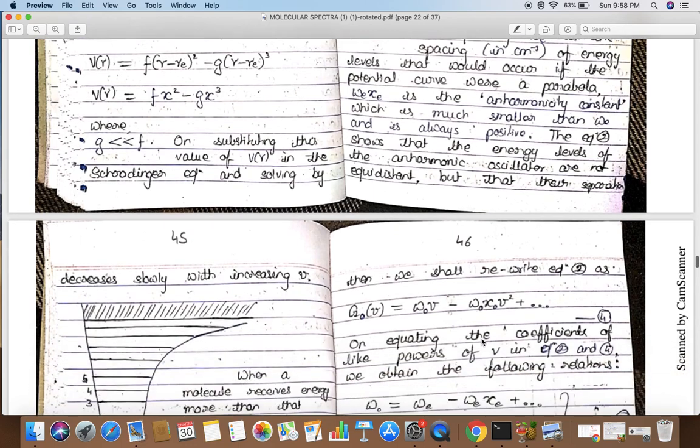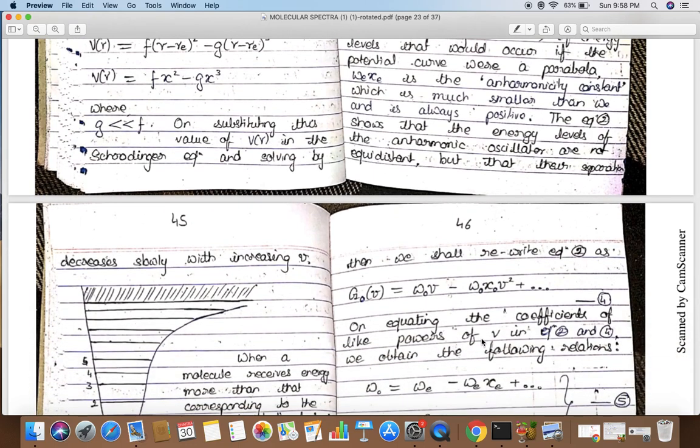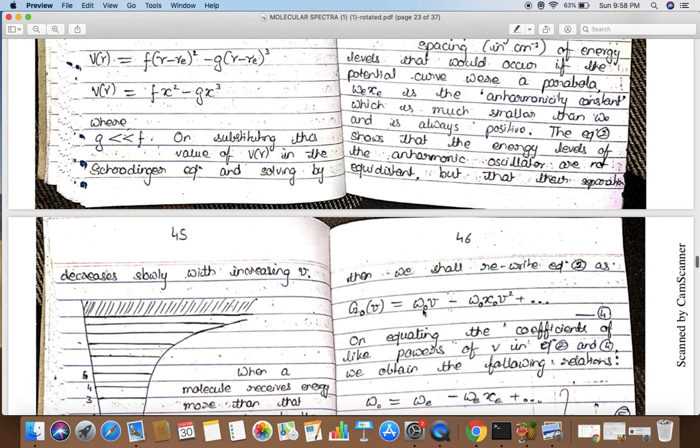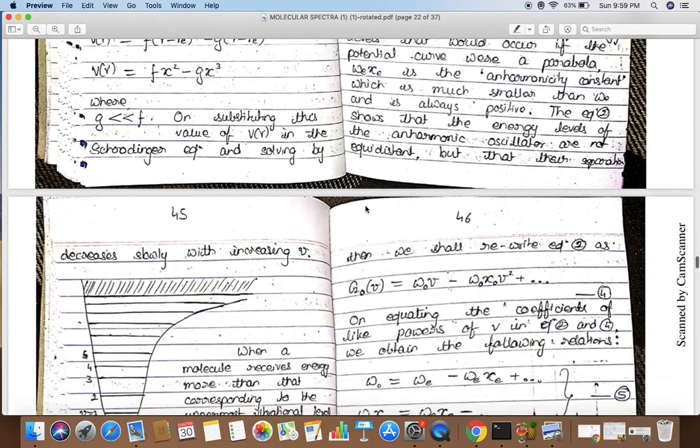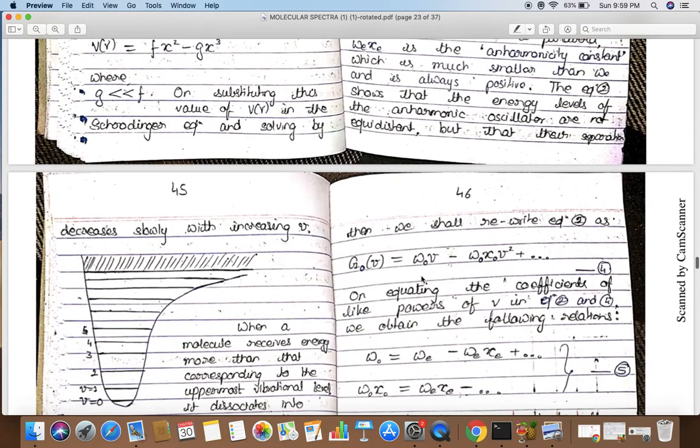Equation number 4. On equating the coefficients of like powers of nu in equation number 2 and 4, we compare the two equations.